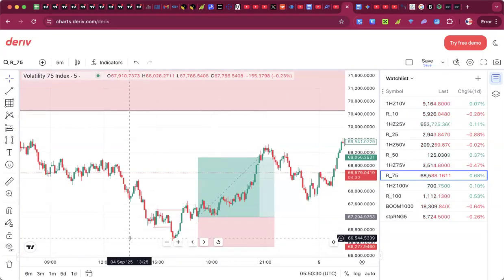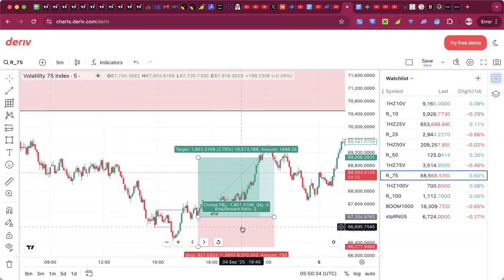For 0.01, 927 multiplied by 0.01, that's not too bad. That's $9 as your stop loss. Then you have 1,851 divided by 0.01. That's $18, right?